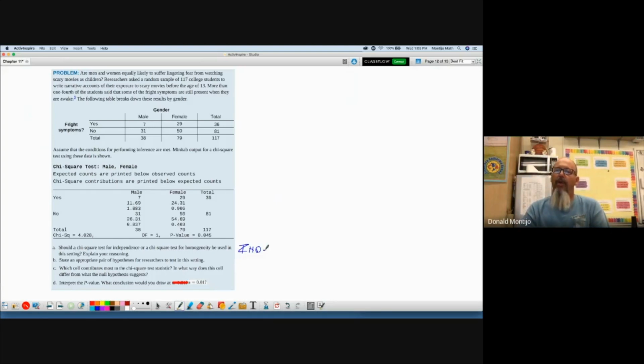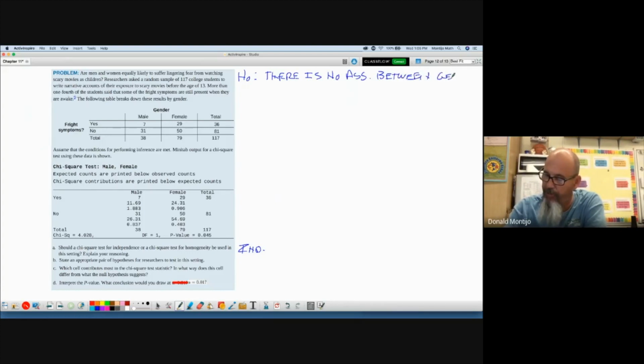State an appropriate pair of hypotheses. Well, since it's a test for independence, we know that the null is going to be there is no association between what?